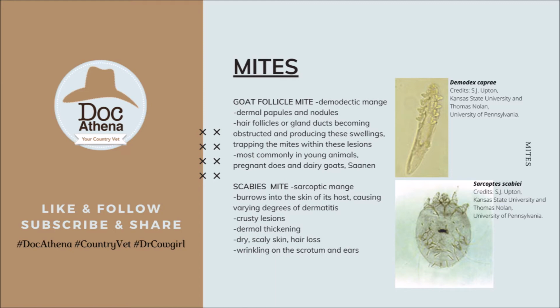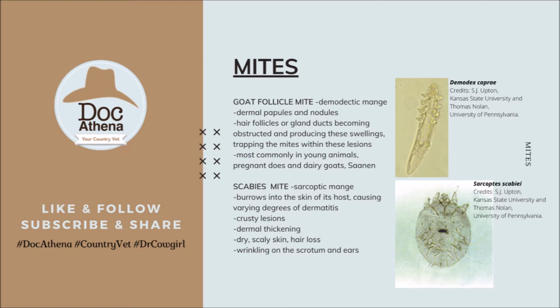So next would be scabies mite, which causes sarcoptic mange, coming from the genus name Sarcoptes. Sarcoptes burrows into the skin of its host, causing varying degrees of dermatitis. They also cause crusty lesions, dermal thickening, dry, scaly skin, and hair loss.